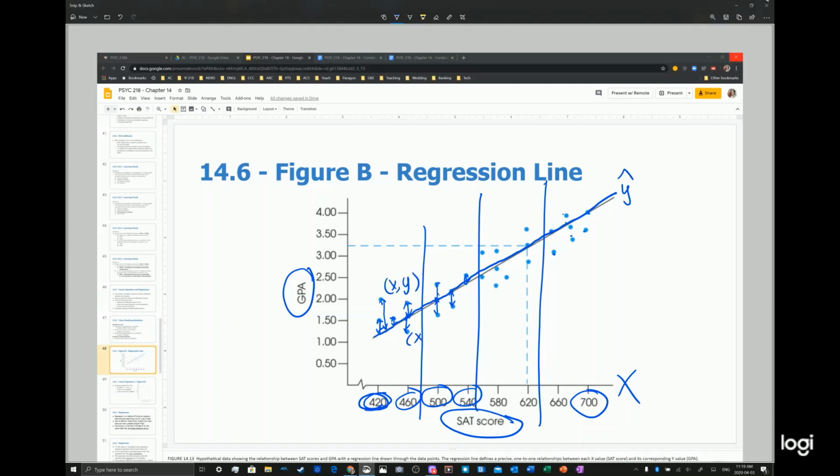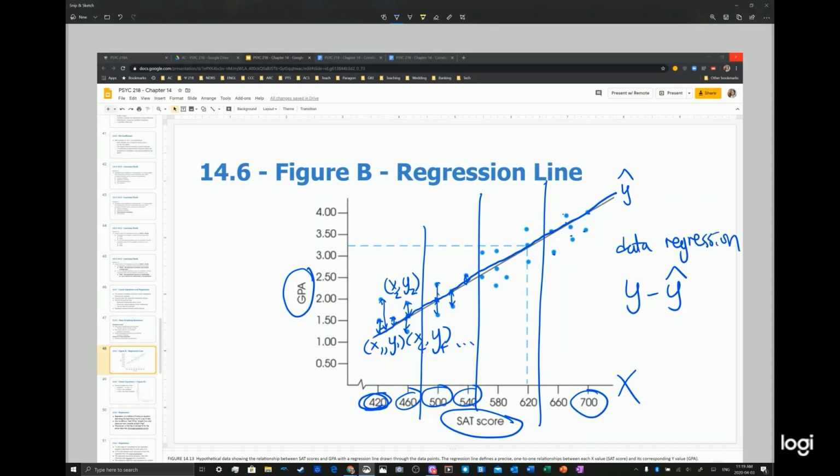So these are like x, y's. If these were ordered, they'd have x1, y1, etc. This will be x2, y2. This is, let's say, the fourth one, and so on. So the distance between y and y hat, here is the data point, and here is the regression line.